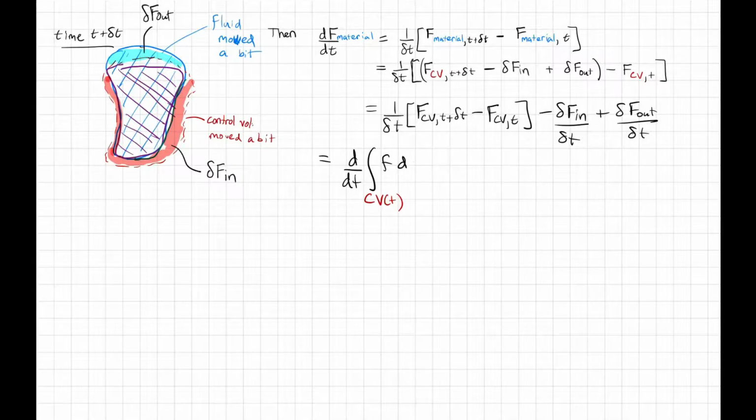So using calculus, we recognize that that's the derivative. If I take the time derivative of f sub cv, that means the integral over the control volume of little f dV. So I have identified what that term is, and then I need to do a little bit of work to figure out what's going on with these in and out terms.